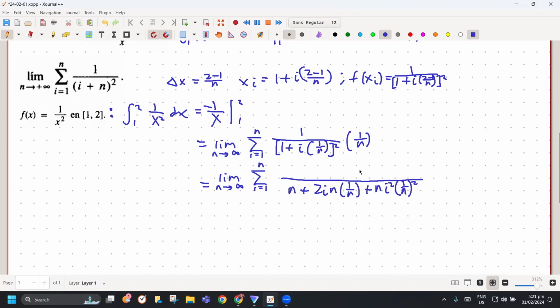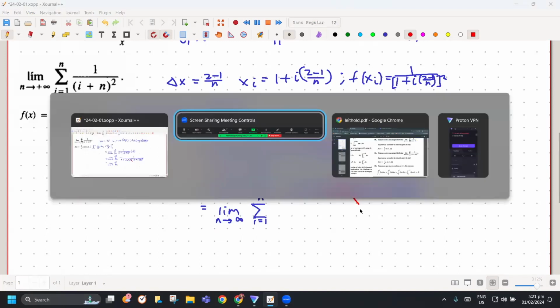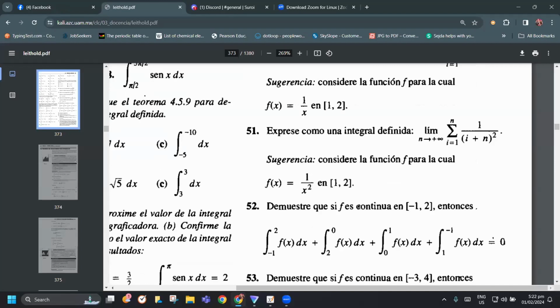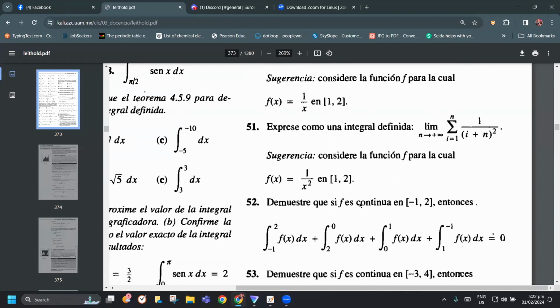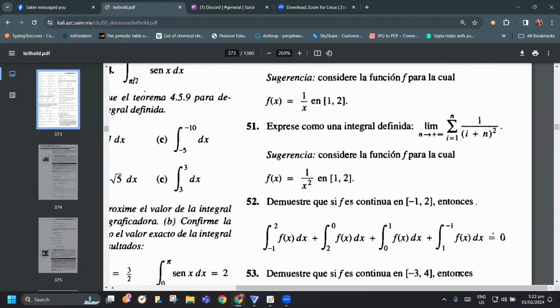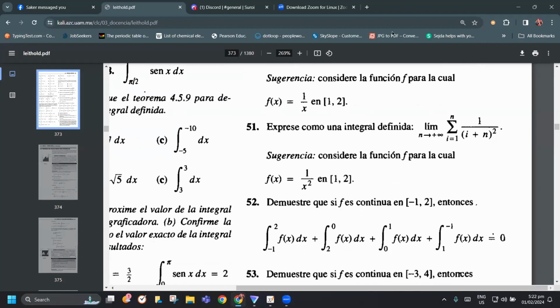Yung error dyan, tingnan mo yung print copy, yung physical copy mo. May discrepancy yung dalawa.